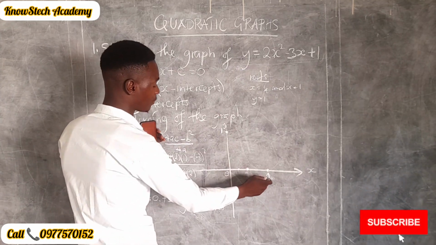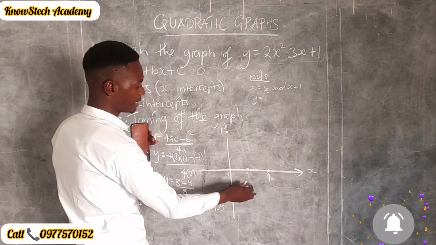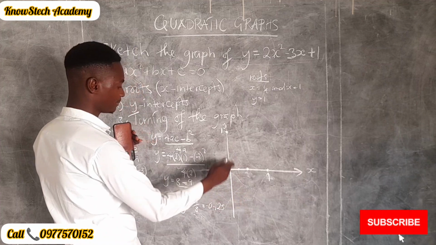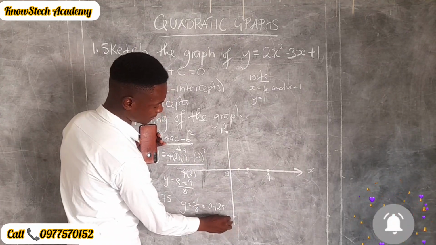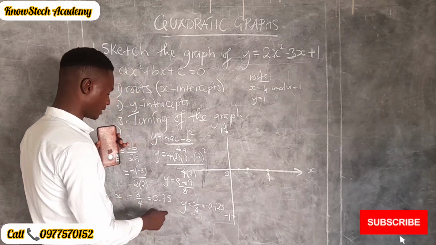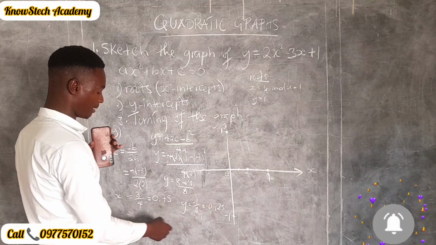This is half of 1, which is 0.5, according to the roots. Then where it is turning, if we have 1 here, then we should also have -1 somewhere here, as the minimum.